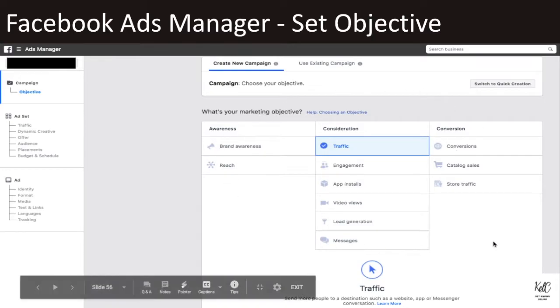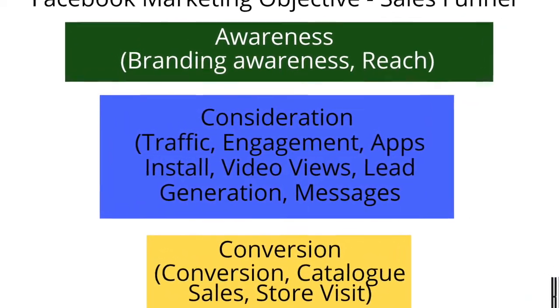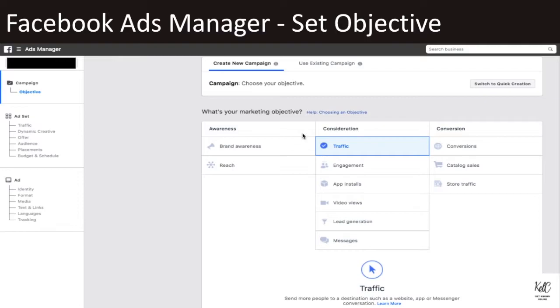So first of all, you really have to define your marketing objective. Is your business or brand still at the stage of branding awareness, or is it already at the consideration stage, or are you preparing to find those people who are ready to take action?